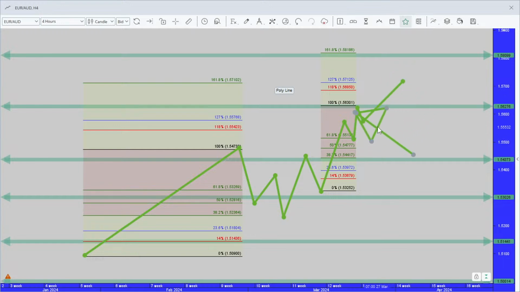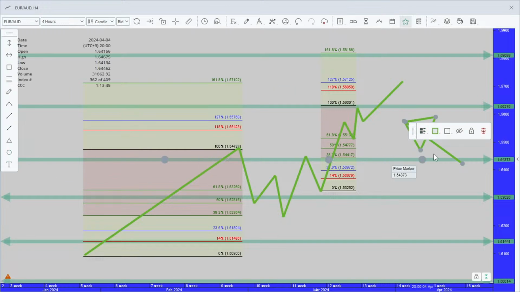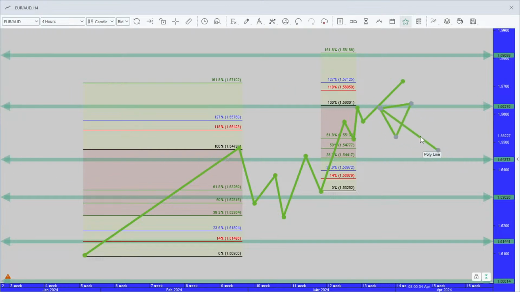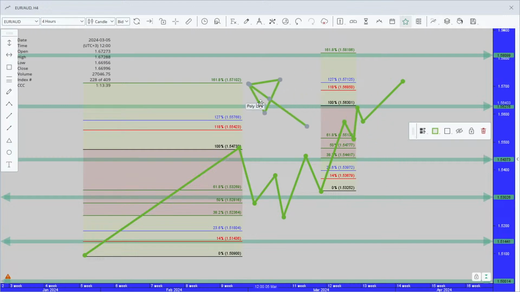Okay? In this example, boss, what about risk-reward ratio? I don't care about risk-reward ratio. This is the rule. Alright, everybody? I mean, great question, right?